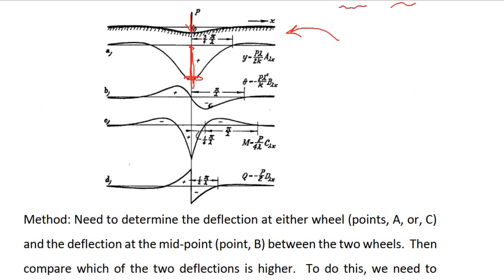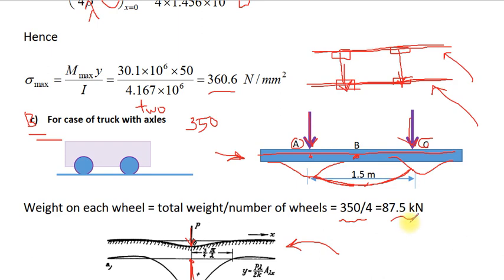First, we will compute the deflection at point A due to load A, and then compute the deflection due to the load at C. So first, the distance will be x equal to 0, since the point is directly under this load.